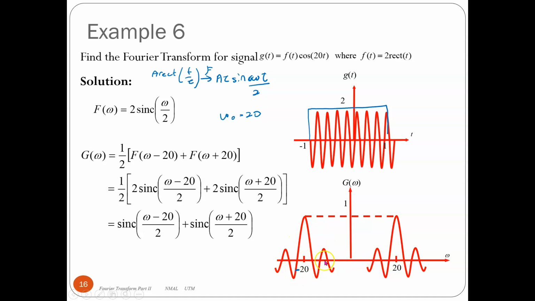So this is how you plot the graph. We can see that for the modulation, the signal has been divided into two parts, the negative part and the positive part.